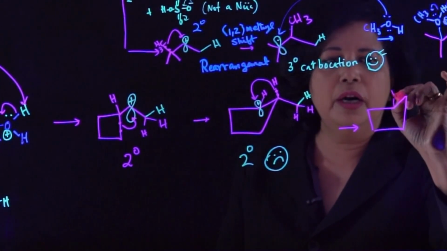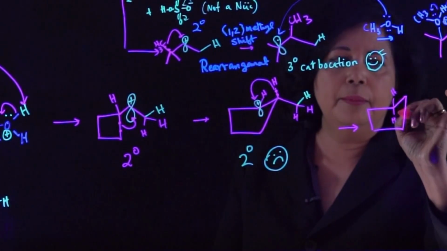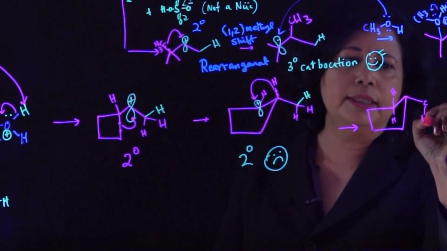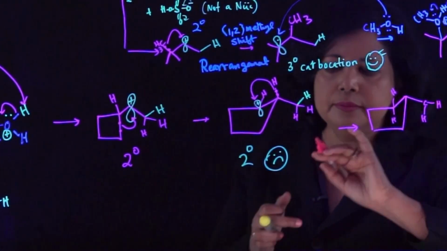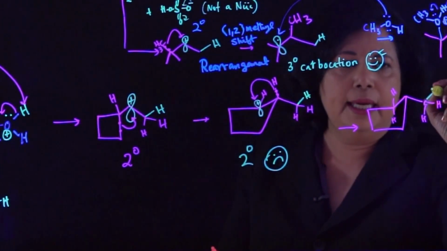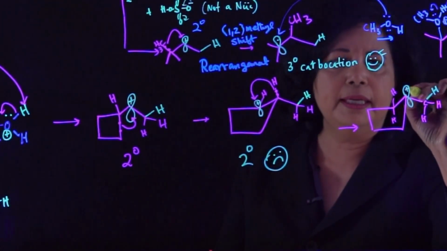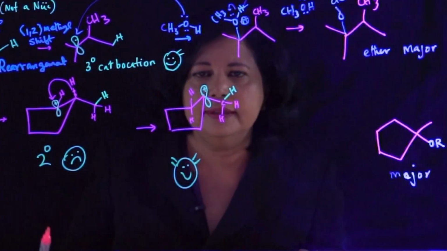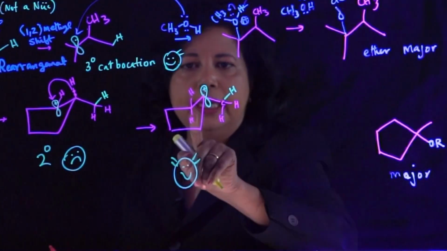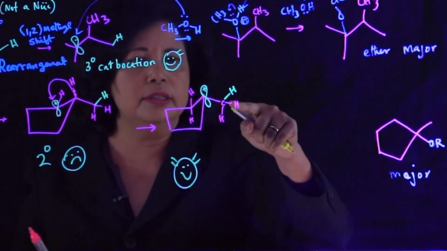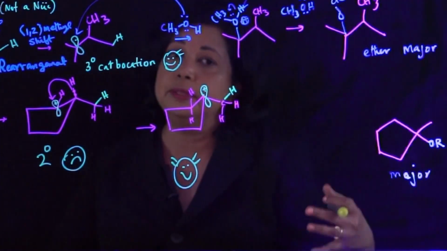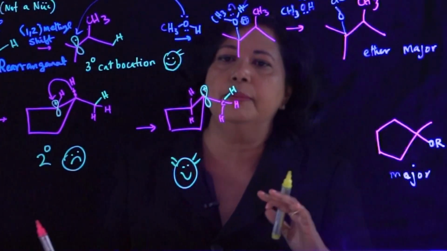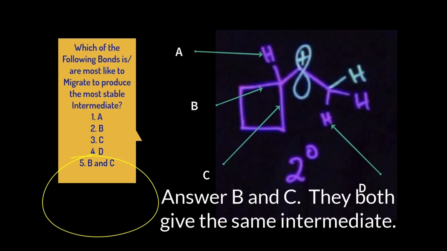So now you have 2 hydrogens here, but no hydrogen on this carbon. This is your empty gaping hole, but it's kind of happy because it's on a tertiary. Yippee! It's pretty happy. This guy's donating electrons, this guy's donating electrons, this guy's donating electrons. It's quite happy there.